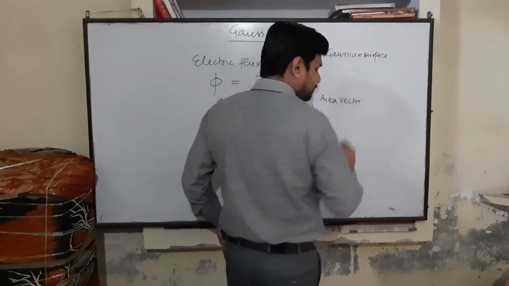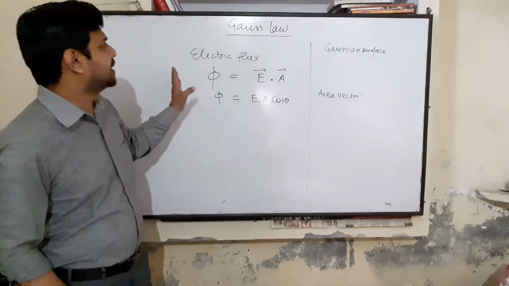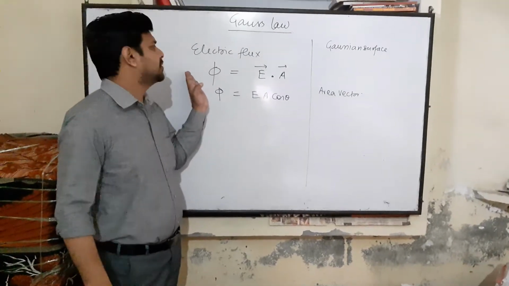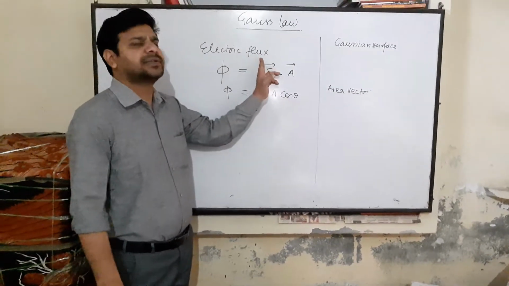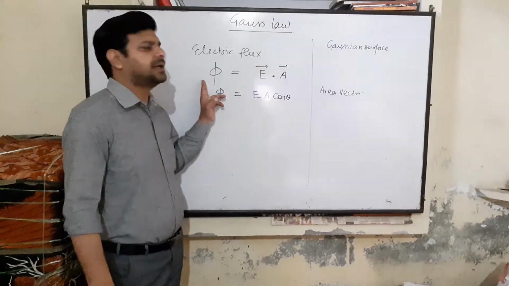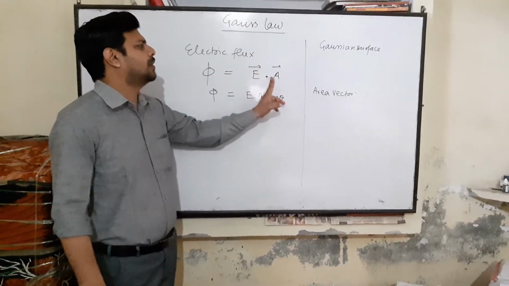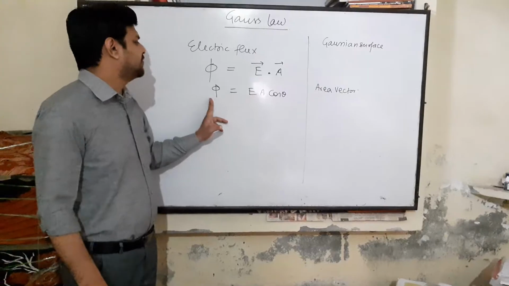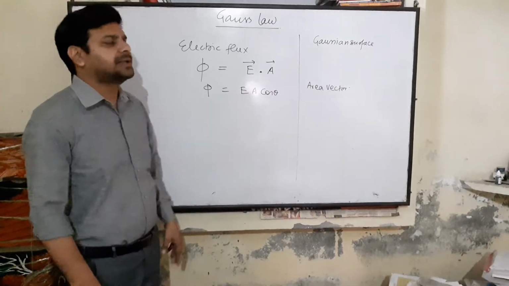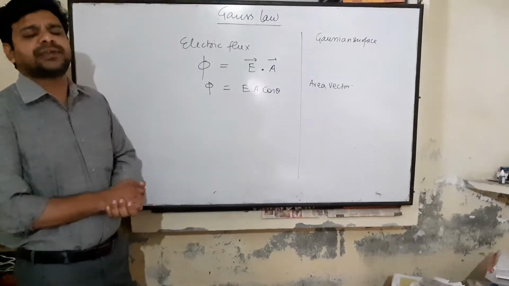We have another physical quantity, electric flux, represented by phi is equal to vector E dot vector A. It means phi is equal to EA cos theta. This is electric flux.